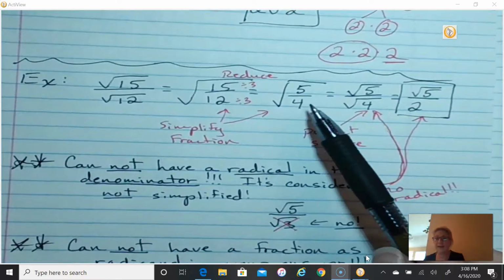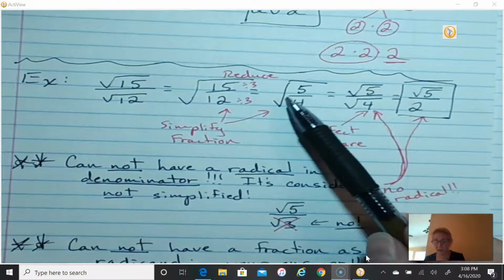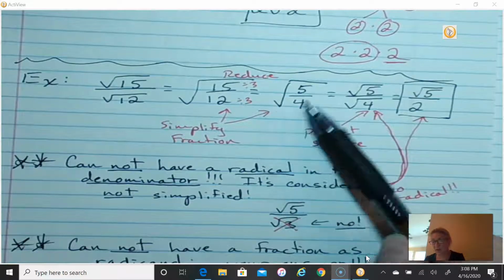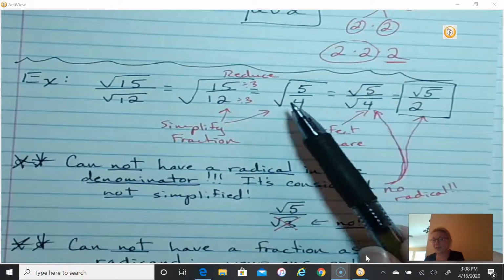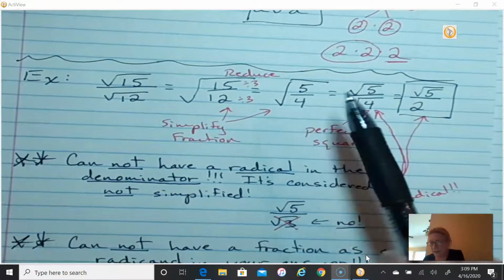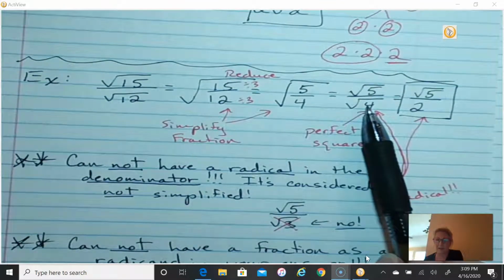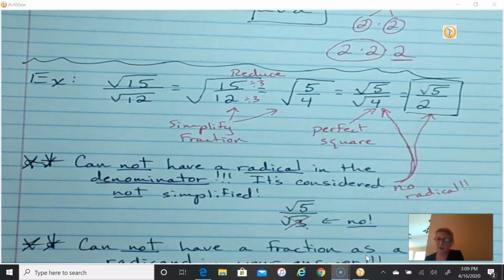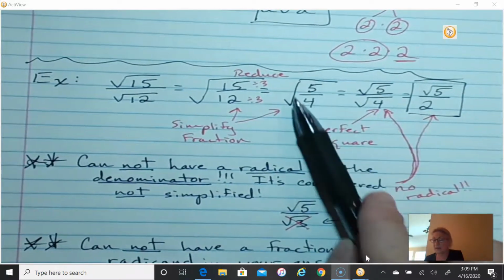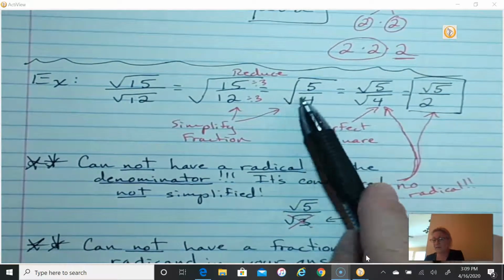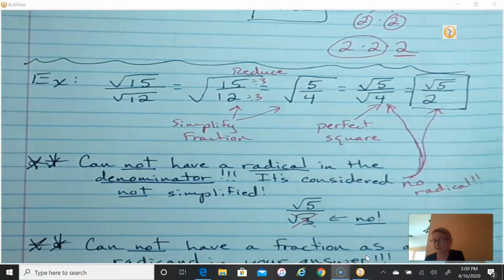You can't have a fraction under here. That's why you have to put it all underneath and then take it out. There are a lot of steps involved, but just remember your answer cannot look like this. That's just part of the process of getting to this step.